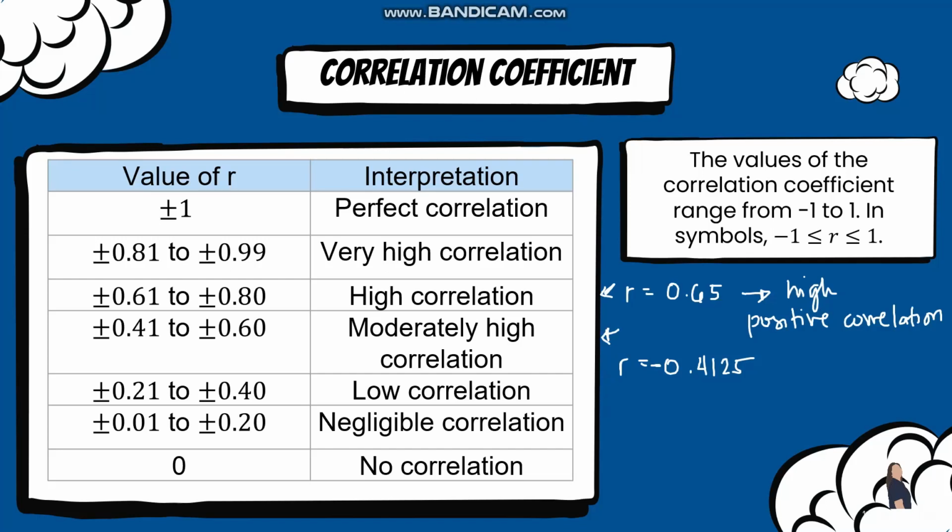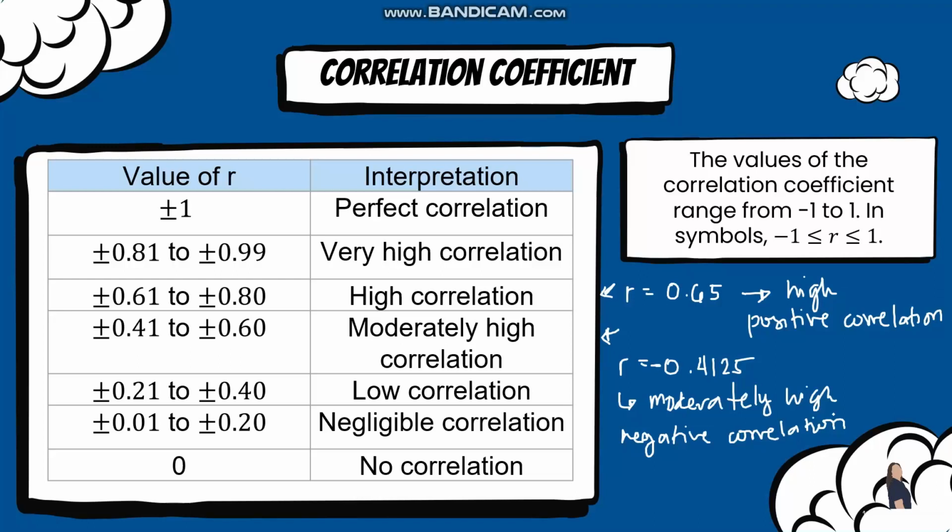So we can say it's moderately high correlation, but since this is negative, our interpretation will be moderately high negative correlation. So it's moderately high. And what's the direction? It's negative because r is negative. So moderately high negative correlation.